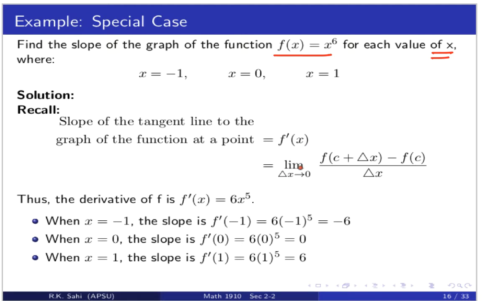Basically it is the limit as delta x approaches 0 of f of, so this would be at a point, let me call it c. At a point, let me write this one, say p, c and f of c. So this would be f prime of c, which is the limit as delta x approaches 0 of f of c plus delta x minus f of c over delta x.